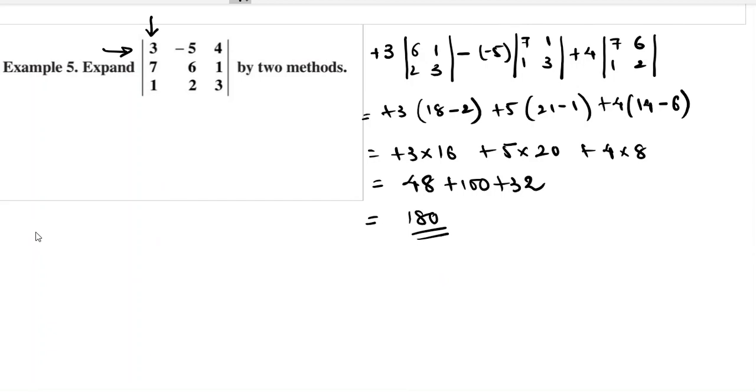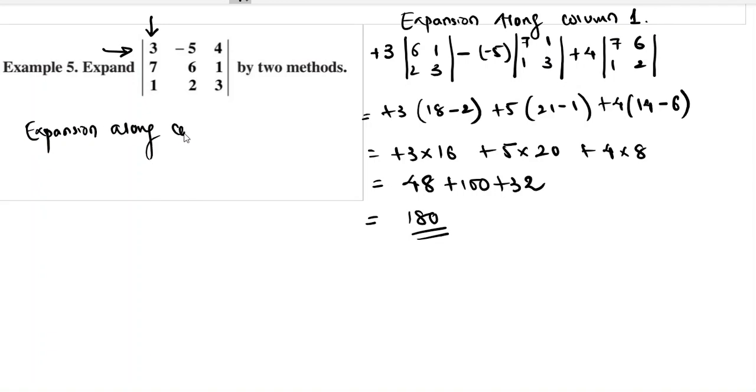Okay, so this is expansion along column 1. Sorry, the earlier one was row 1, and this is column 1.